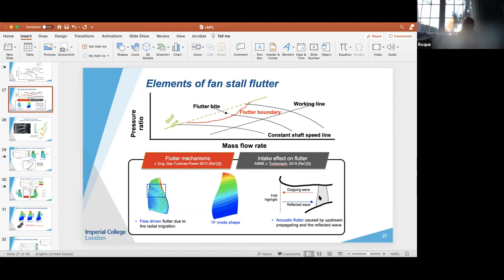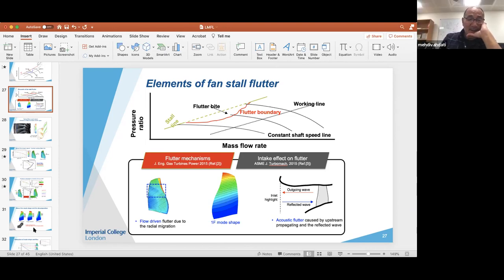All the mechanisms that you are explaining are mostly inviscid mechanisms, in the sense that you have acoustic reflections, the pressure acting on the mode shape and so on. But the separation is not playing directly a central role, because to me you don't have a fully separated flow. Is that correct or is it a misinterpretation?